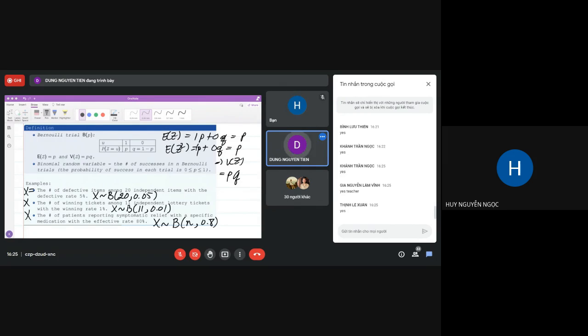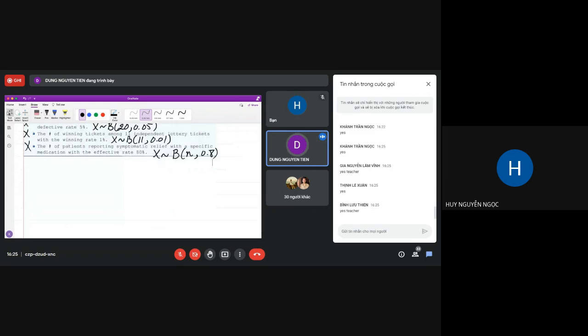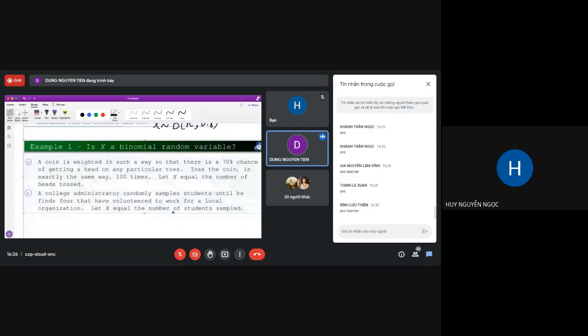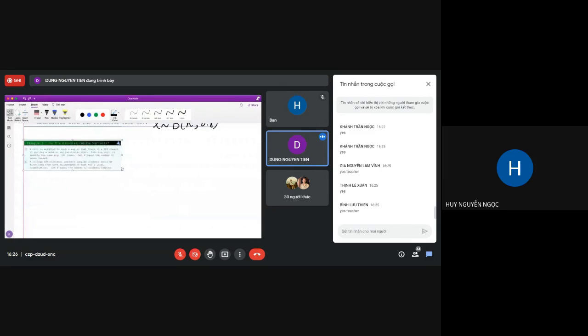Now let's consider the following example. A coin is weighted in such a way that there is a 70% chance of getting a head in any particular toss.